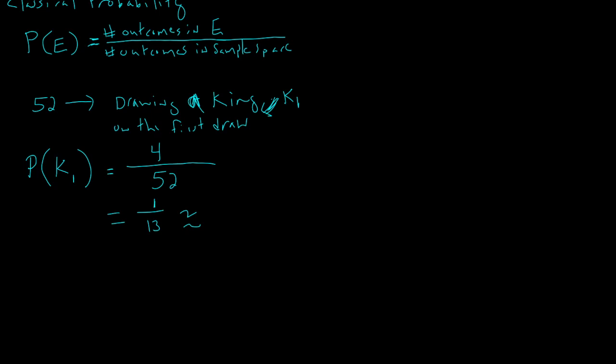I'm jumping over on the calculator here, and this is 0.0769, so on and so on. Just to keep it easy, I'll say, hey, this is approximately 0.077 or 8.7%. Not 8.7%, 7.7%. Sorry.